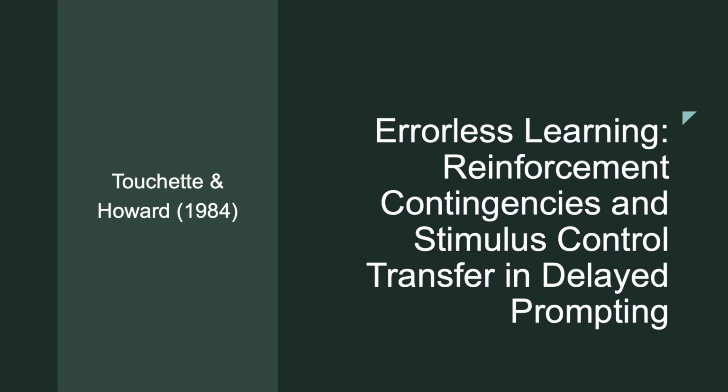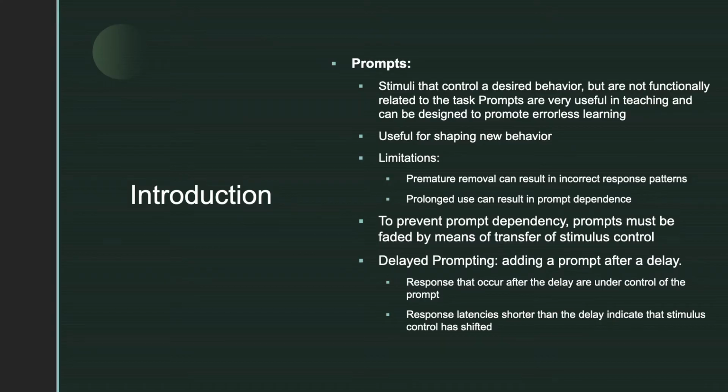So we'll talk about delayed prompting, and there's a specific thing I want you to get out of this delayed prompt procedure. At this point, you should know that occasionally we will use prompts in our instruction to generate responding that may not be under the appropriate stimulus control, right? So if you're trying to teach a child to wash his or her hands, there's a variety of stimuli that should control responding.